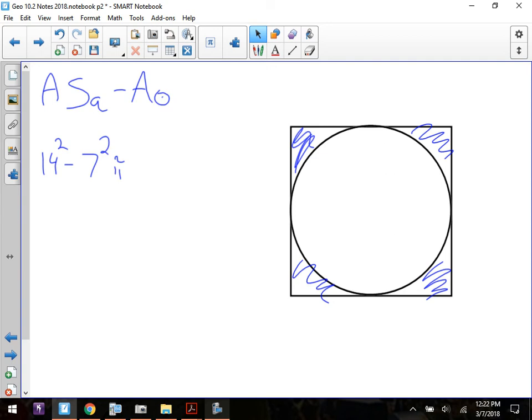Wait, and then we have to put the half. You're right. Wait, there's a formula for the circle. Radius, the little ones are radius.